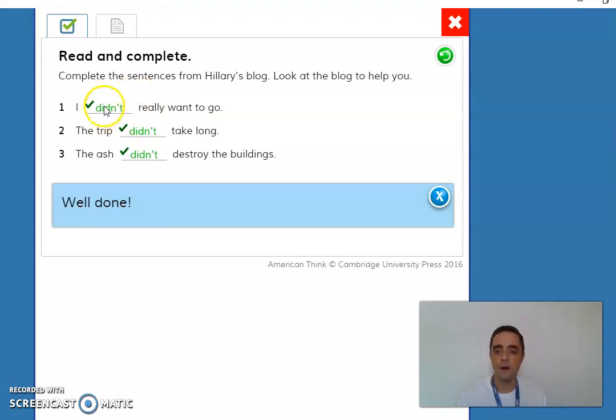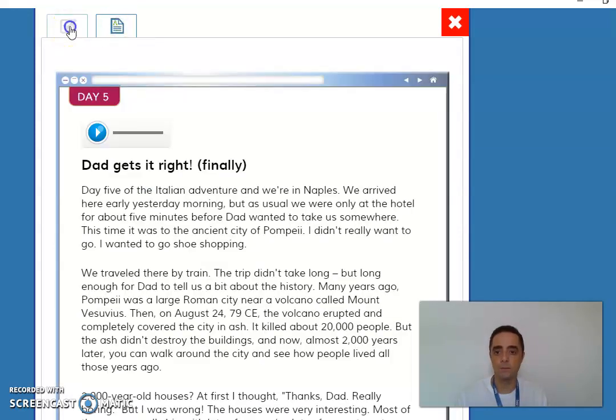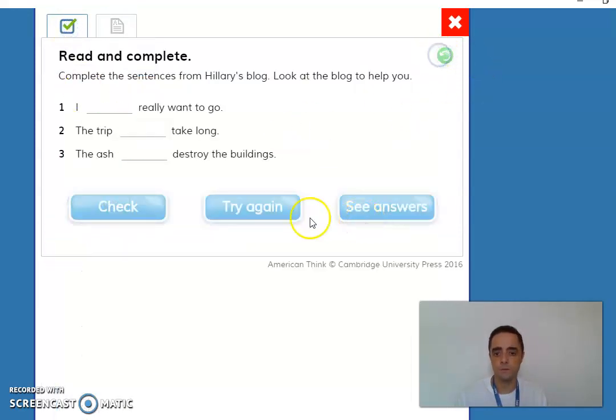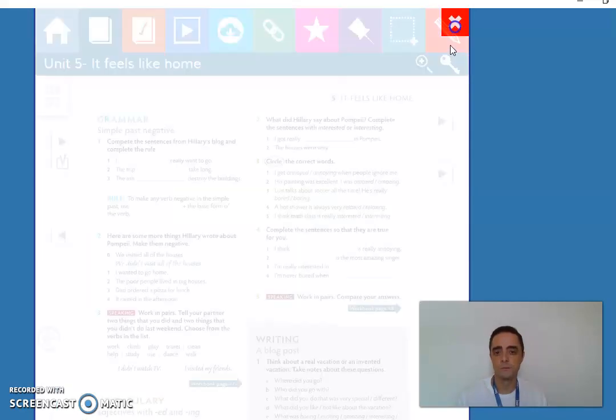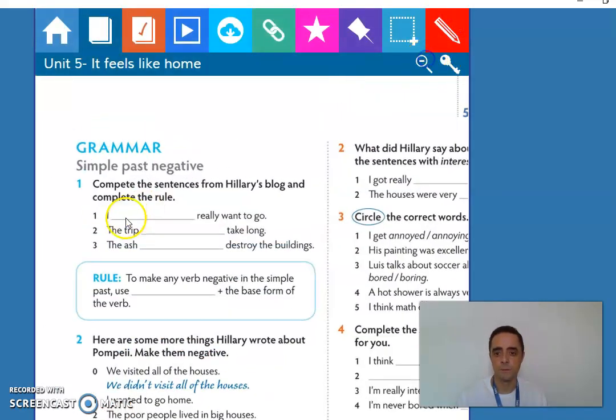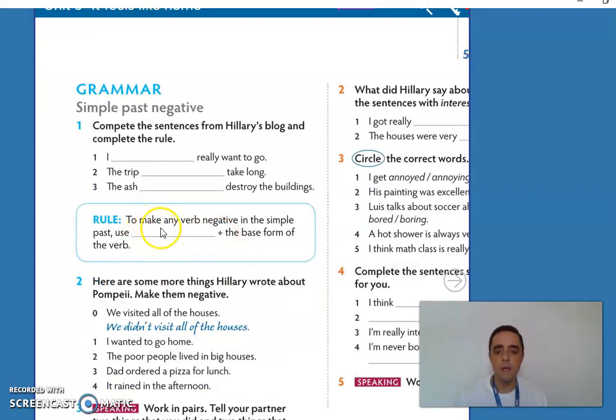So we have a particle and the verb. How does this verb come to us? Let's check in the rule. So, to make any verb negative in the simple past, we use didn't plus base form of the verb.